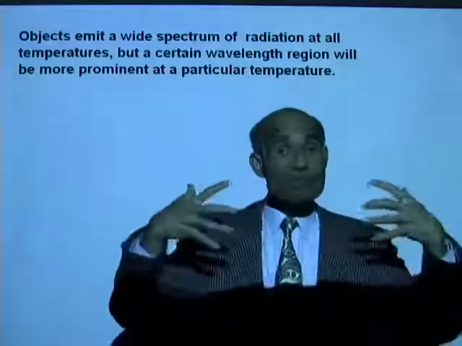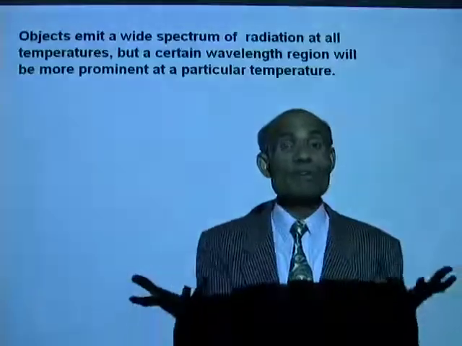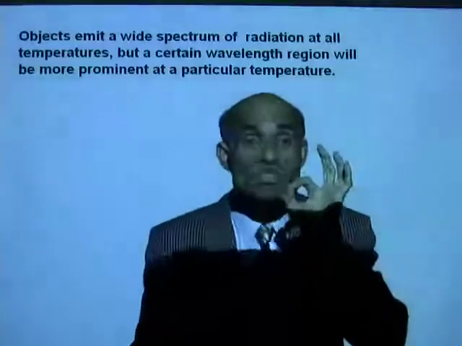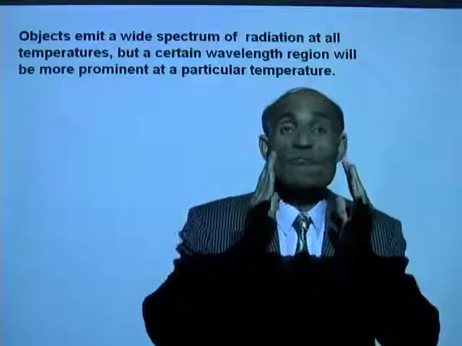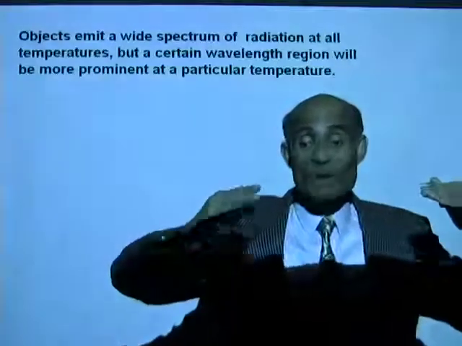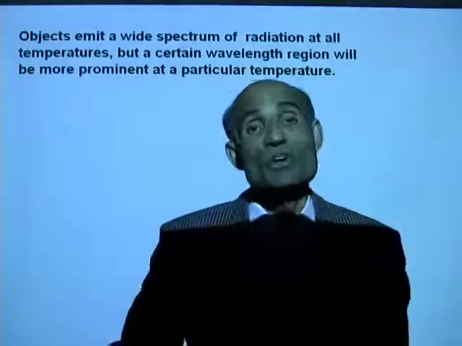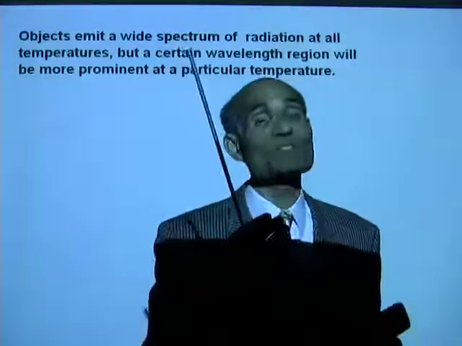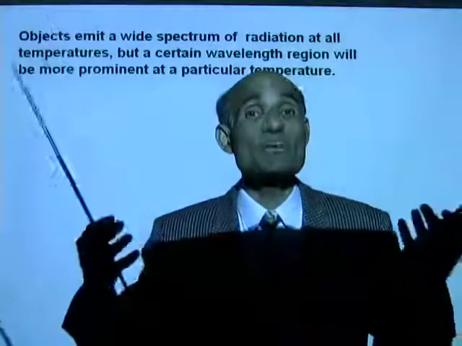Well, a human body will also radiate radio waves and other waves. But at a given temperature, one wavelength will be most prominent, although others will also be present. So the most prominent radiation emitted by an object depends on its temperature.